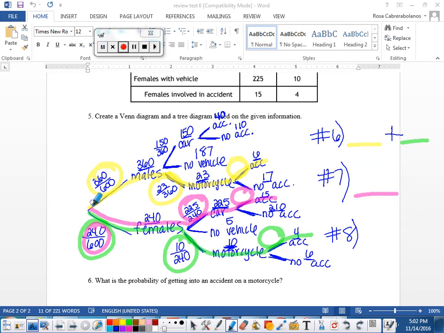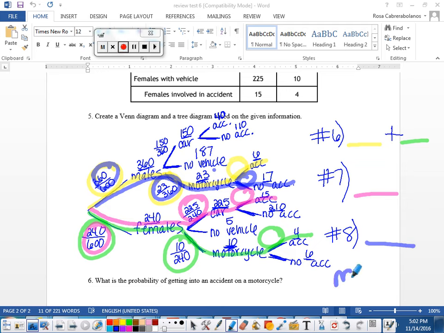Male on a motorcycle not getting in an accident. So I'm going to multiply this decimal times whatever I get here times whatever I get here for no accident. That's going to be number 8.